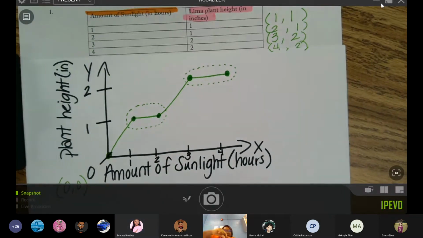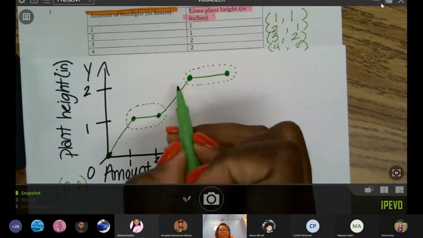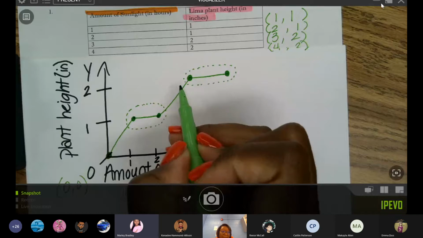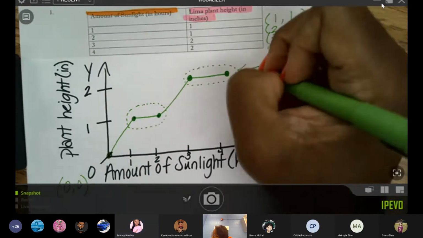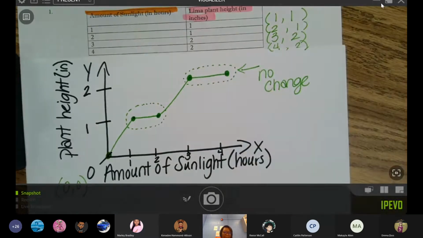In this case, the height of that plant stem increased. So if increase means up, that line going up means it's increasing. And if that line was to start to go down, that would mean decreasing. What does a straight line mean? Stay the same. Very good. This means no change or stayed the same.